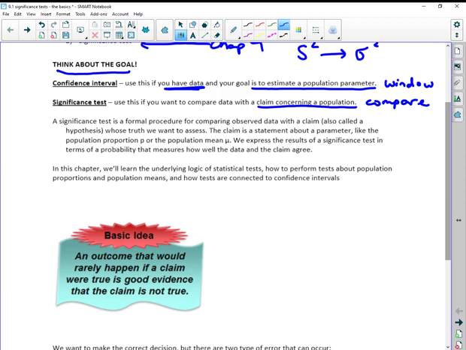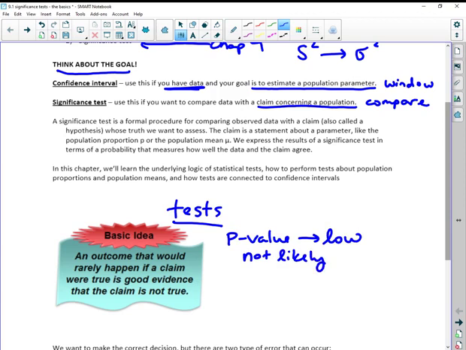So the basic idea for a test is that you are looking for a probability value, a p-value, and you're looking for when this p-value is very low and not likely to be the result of chance variation.